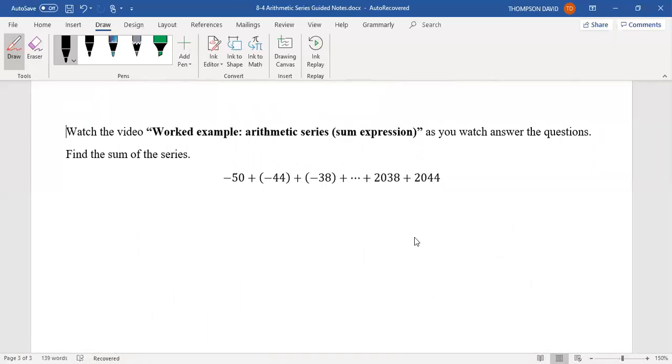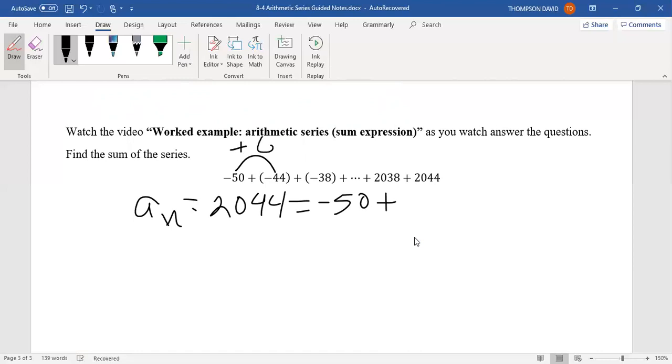So again, what we're going to use is our a sub n, which we know is 2044. We know that our first term is negative 50 plus our common difference. We can see that we're adding 6. So we plus 6 and n minus 1. So we're going to find out how many terms there are. That will be my n.